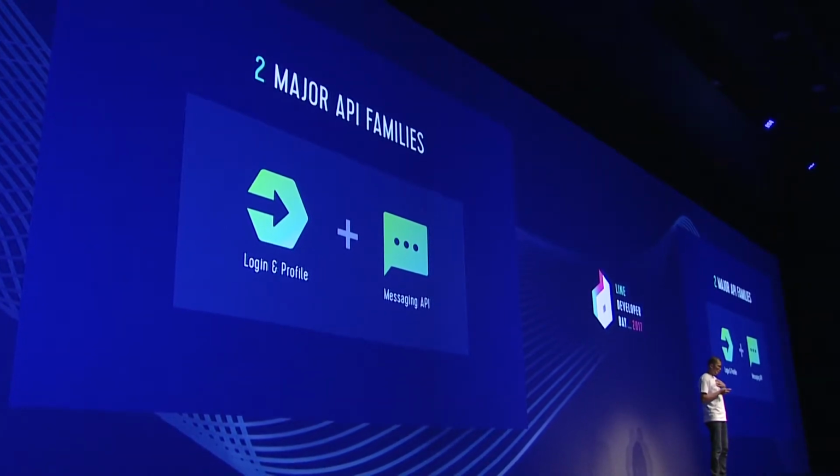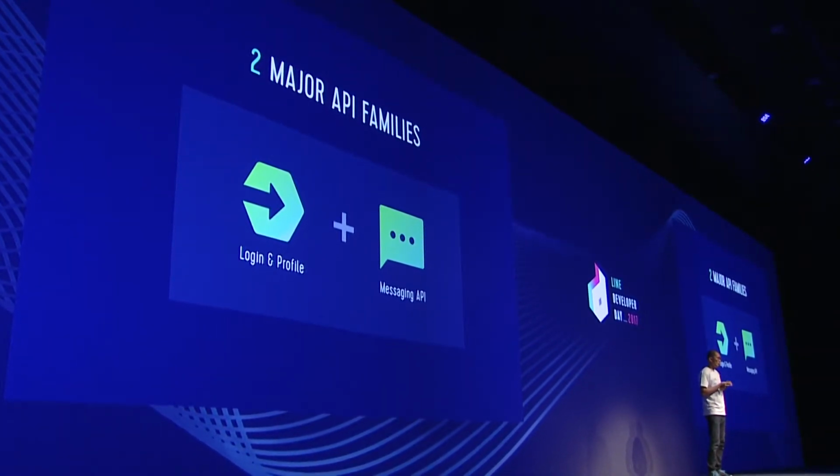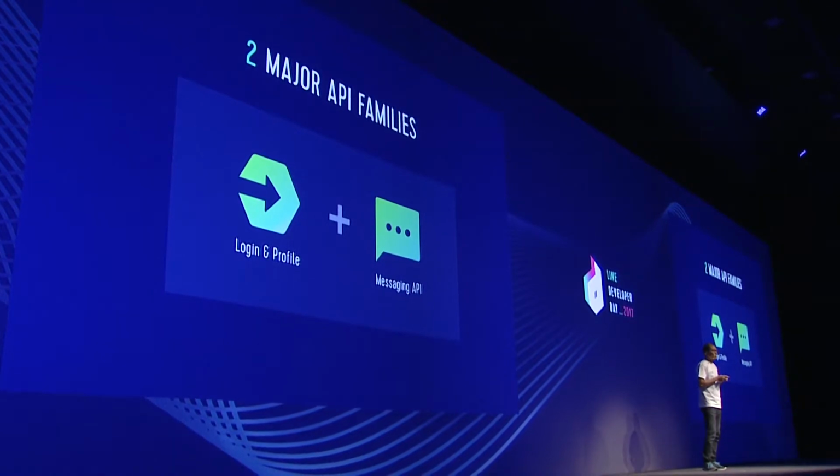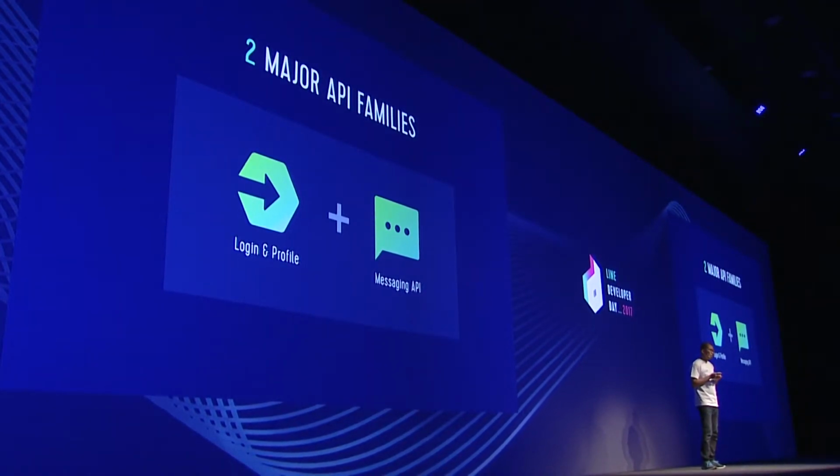As you see here, as I said, I am in charge of the login platform, and there is also the messaging platform. These are two major categories. If developers can use these seamlessly, this would be great, but we were lacking the feature to allow this.